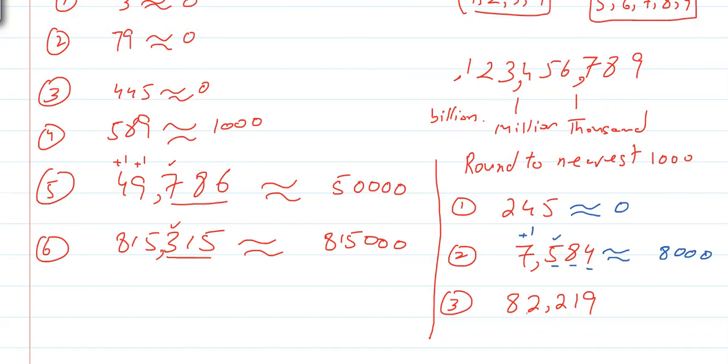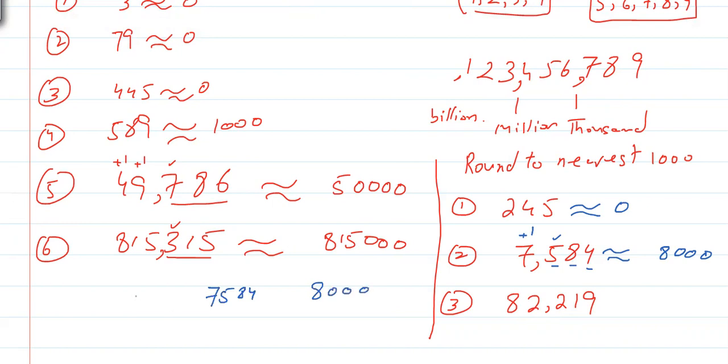Or in other words, there is another easy technique. If you read it, what is it? 7,584. There are 2,000 actually near to that one. For example, the thousand term after 7,584 is 8,000.